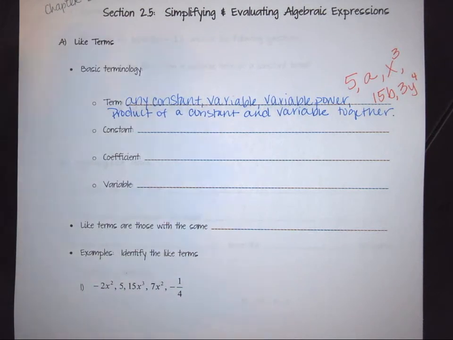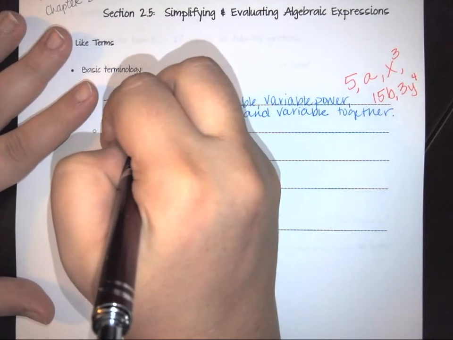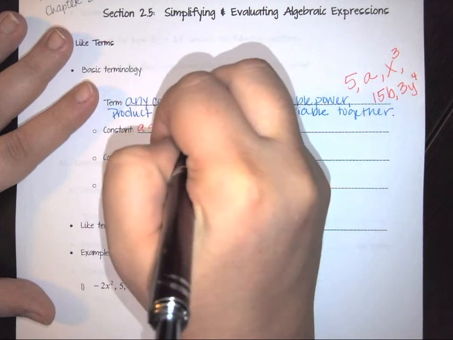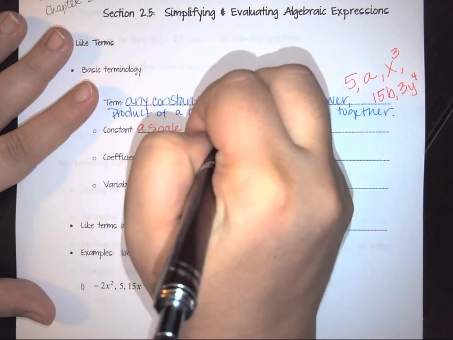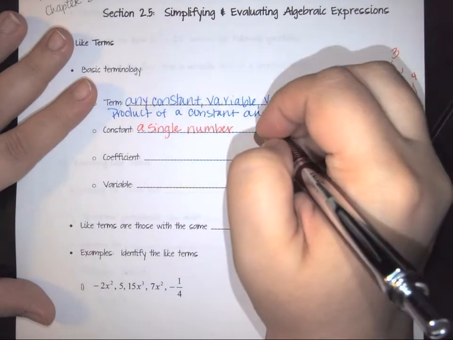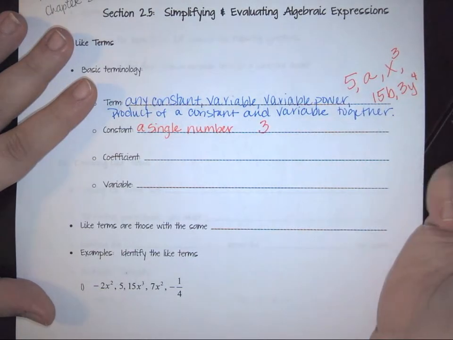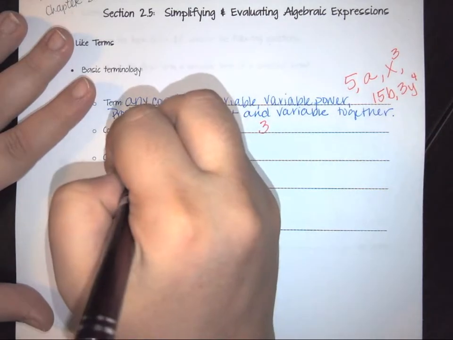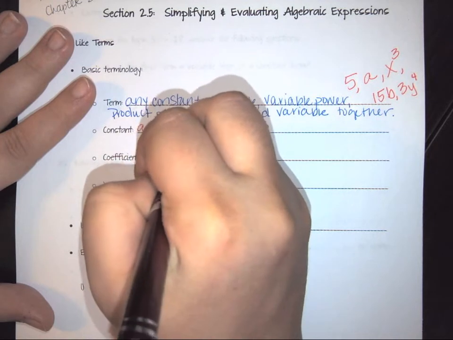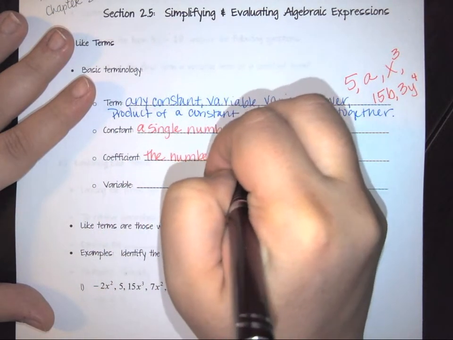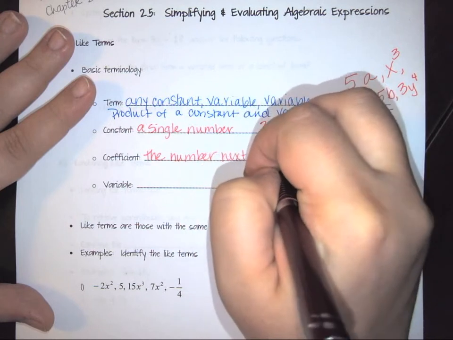When we talk about a constant, we are talking about a single number. In other words, things like 3. Okay. A coefficient would be the number next to a variable.